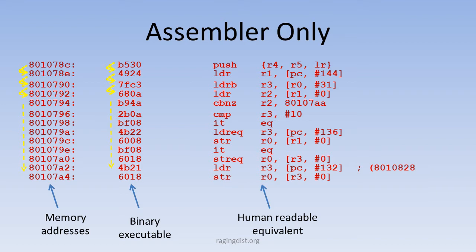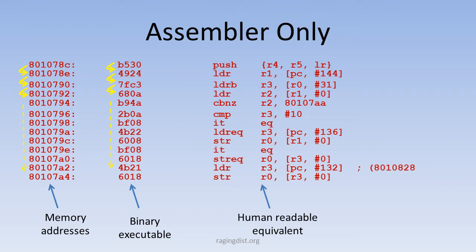But the CPU is a machine, and it has specific programming hard-coded into it where it will start at a particular address. Now, this 801078C didn't actually start there, but I'm just picking up an execution in progress. So the CPU will grab this number B530 and decipher it into a machine instruction.